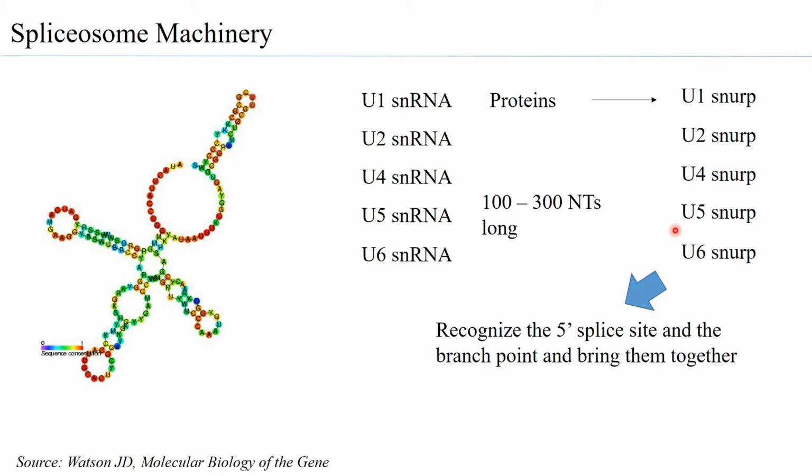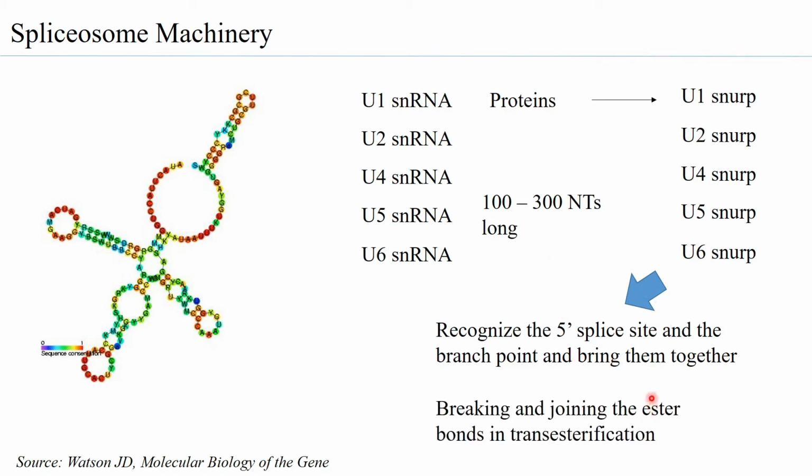So effectively, the snRNPs help in identifying the introns. Second, they bring these conserved regions of the introns close to each other, so they bring the splice site and branch point together in close proximity. So that is the second job.